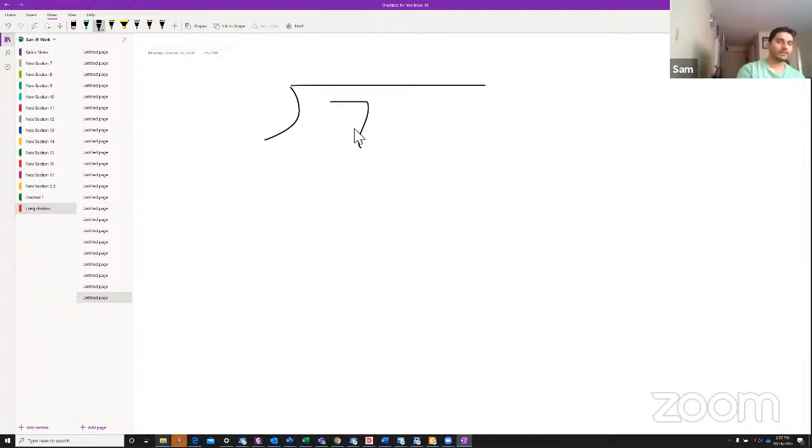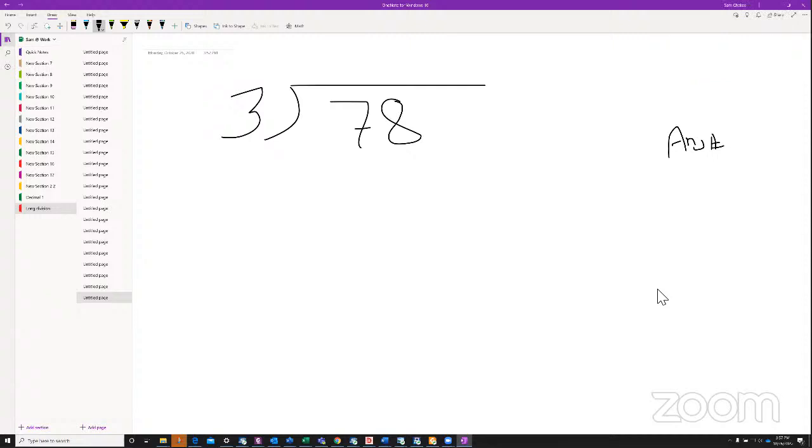We have a 78. We're going to divide 78 by 3. 26. 26.